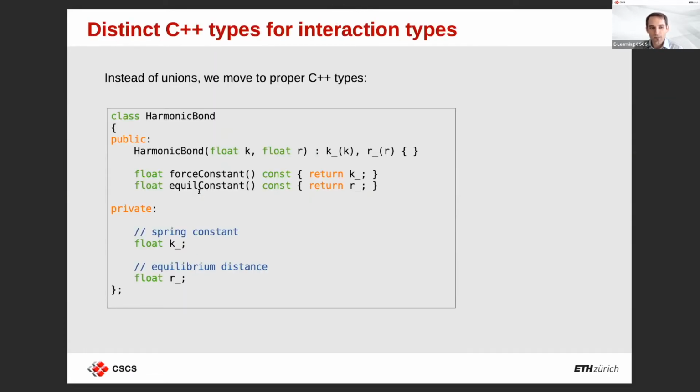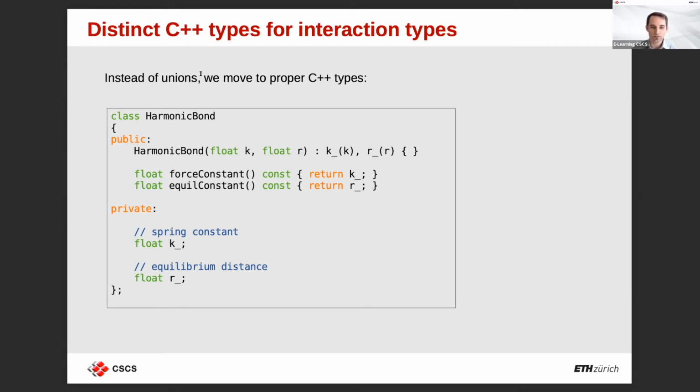The first thing to do there is to say, well, instead of just putting all the interaction types in a union and throwing that type information away, let's actually implement that as proper C++ types such that we can leverage all of the compiler technology with templates and so on to generate code for us.